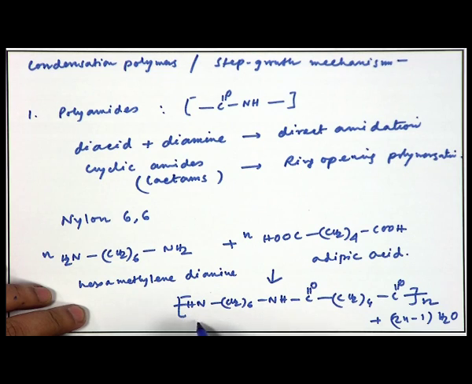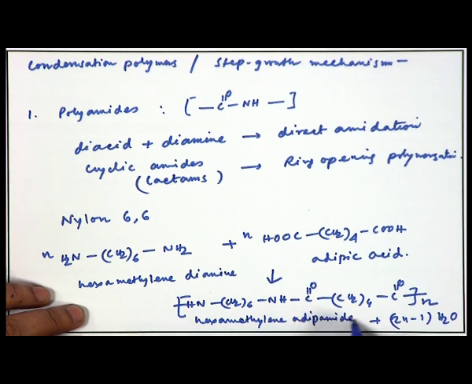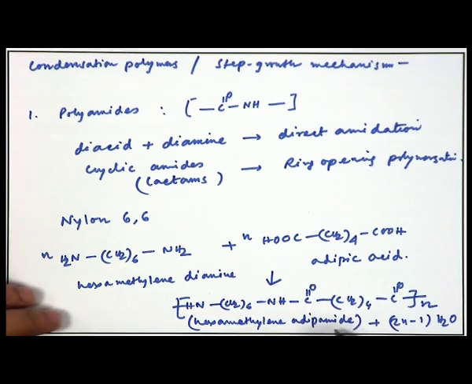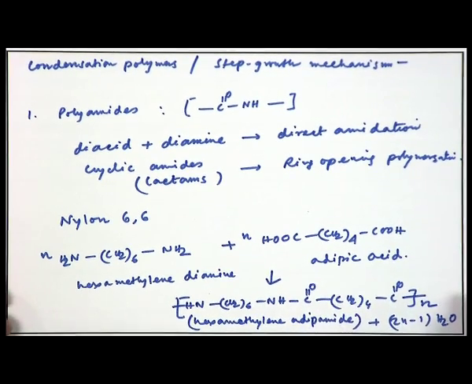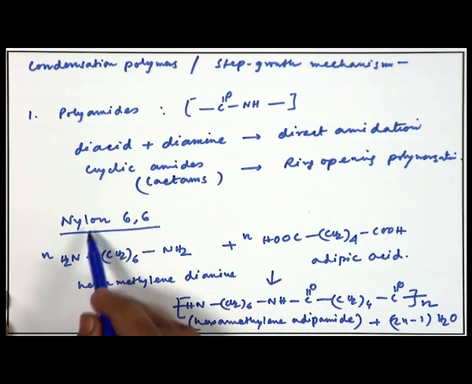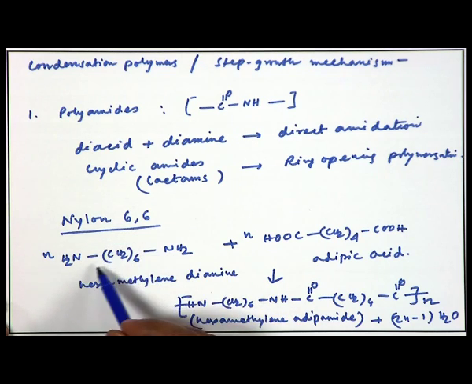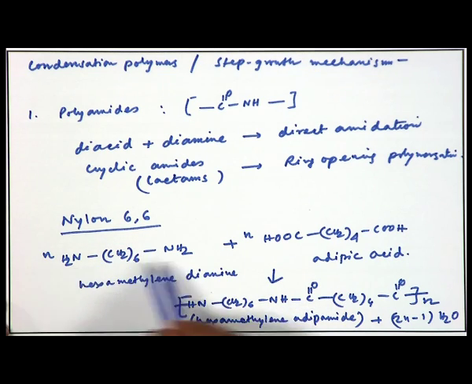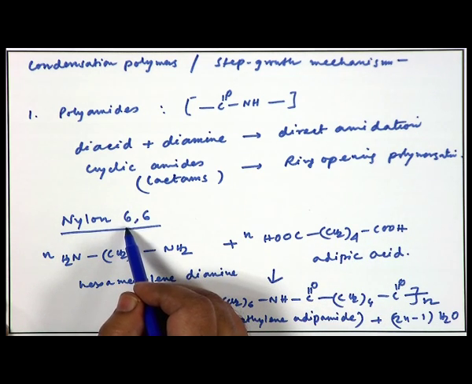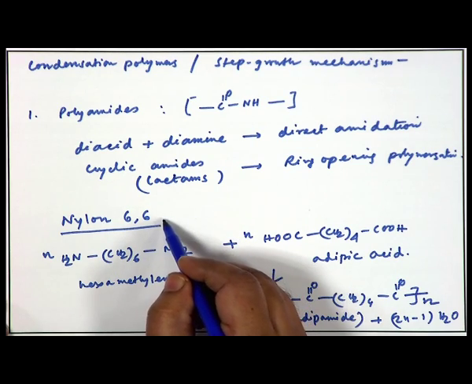Hexamethylene adipamide is very commonly known as nylon 6,6. Nylons are a class of polyamides which are synthesized from a diamine and a diacid.